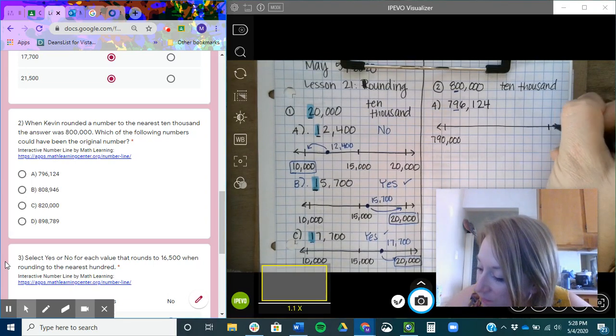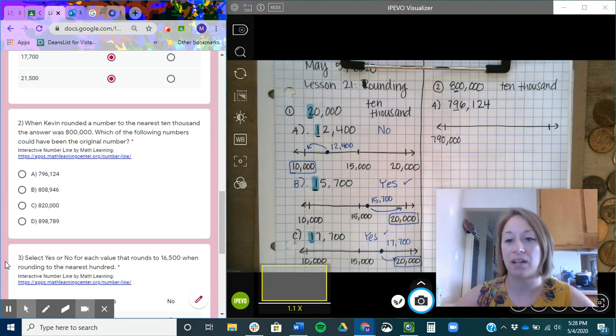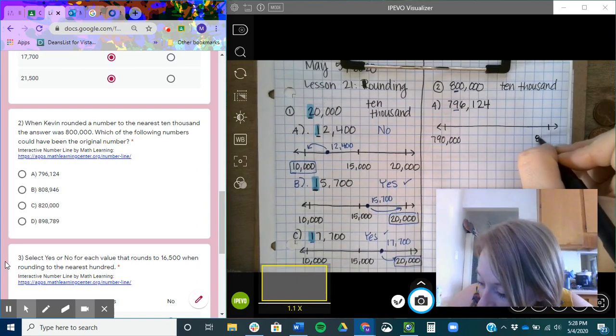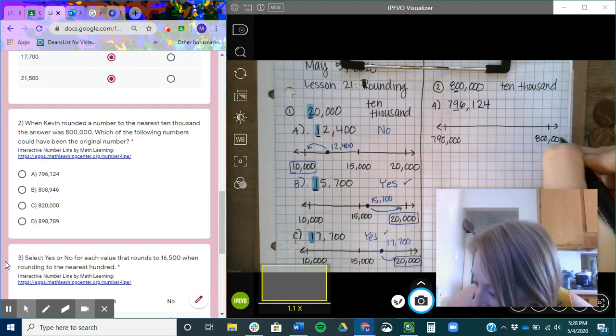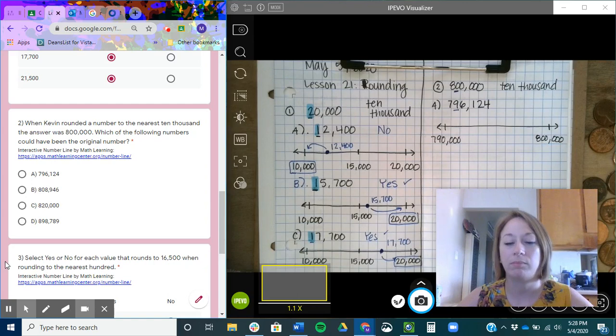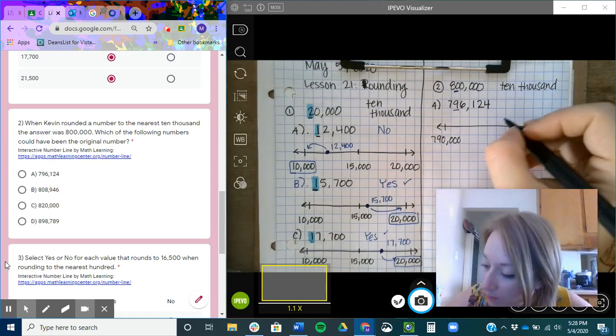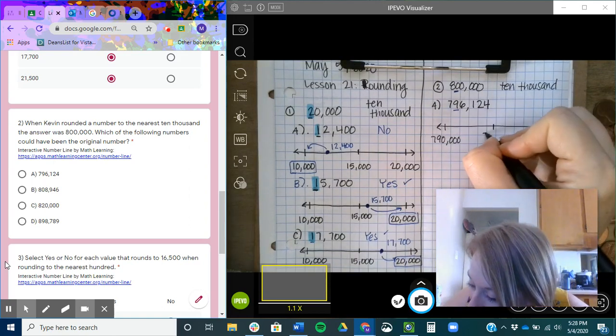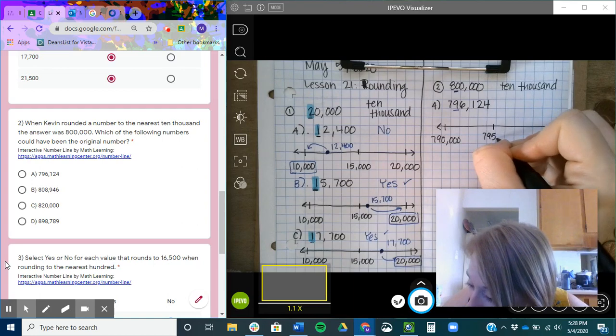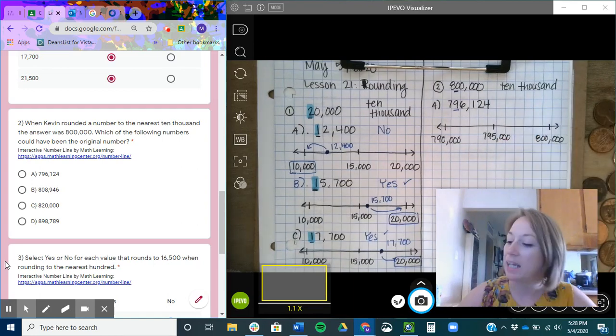And then the ending value, which is the next 10,000, is going to be 800,000. What's in between 790,000 and 800,000? 795,000 is in between.